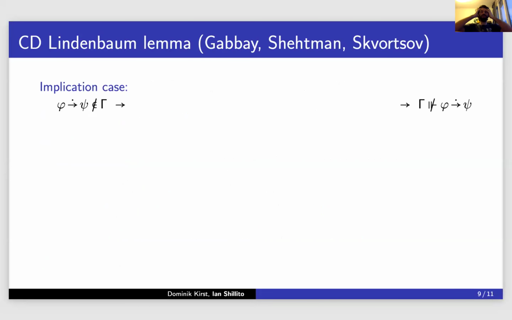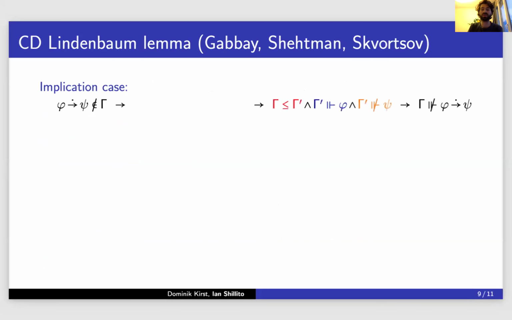So the tricky direction is the following one. You start with phi implies psi not being in gamma, and you want to show that gamma does not entail phi implies psi. So how do you do this? Well, the way that you do this is you can reason semantically. So let's see what we need to get to arrive on the right-hand side.